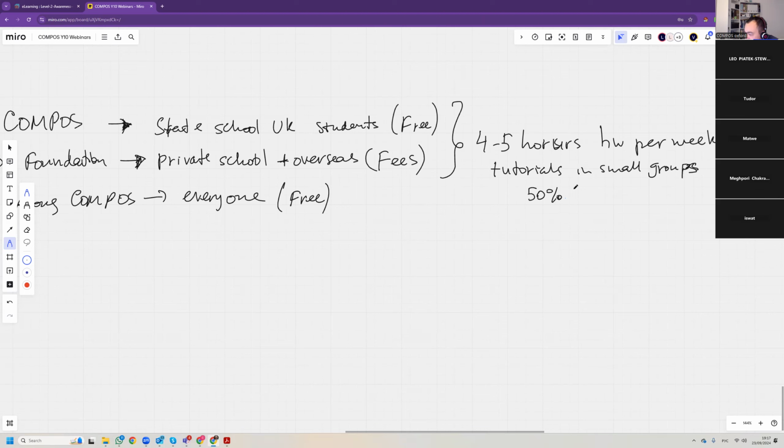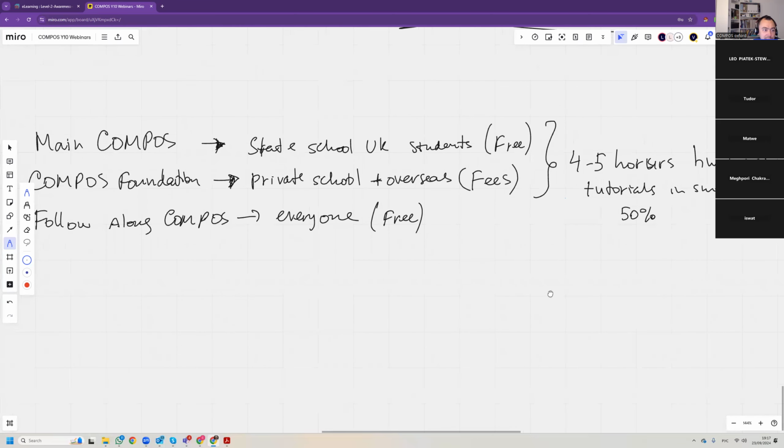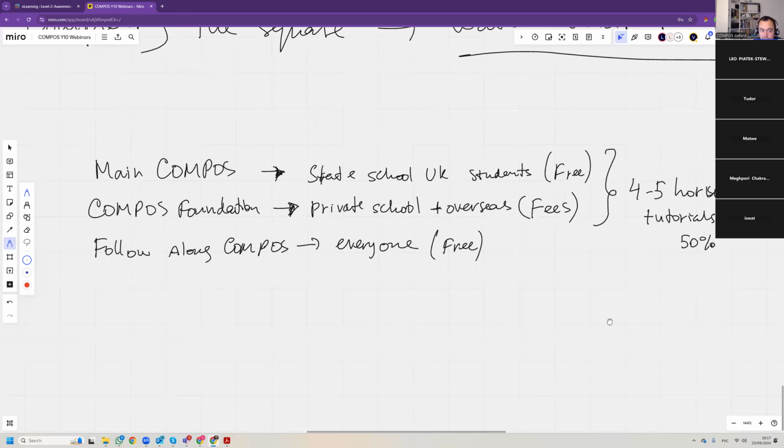How do we hand out the assignments? If it's a state school, you can join the main COMPOS program. That's why, when you filled in the application, we find your school and we make a list.